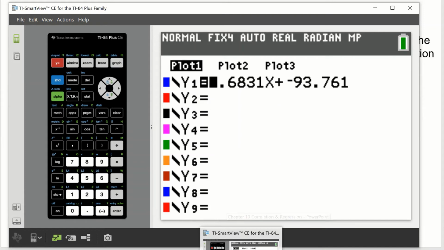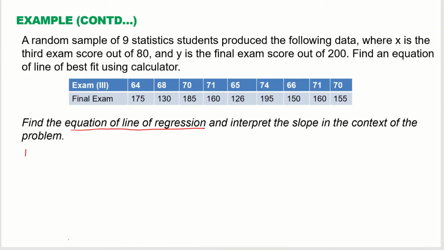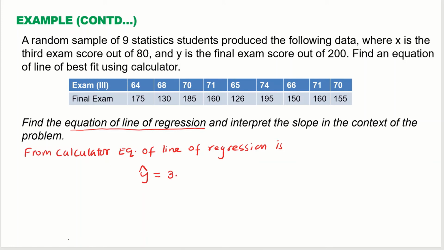So let's write that result using the calculator. The equation of line of regression or line of best fit is, we write y hat, because this will give you the predicted value, y hat equal to 3.6831x minus 93.761. So that is the equation of line of best fit.